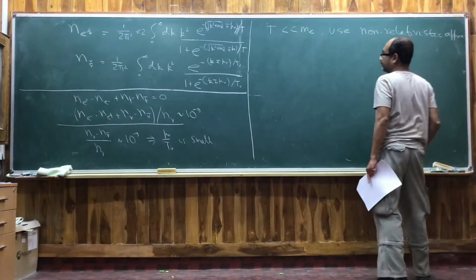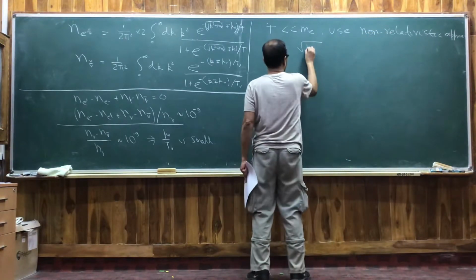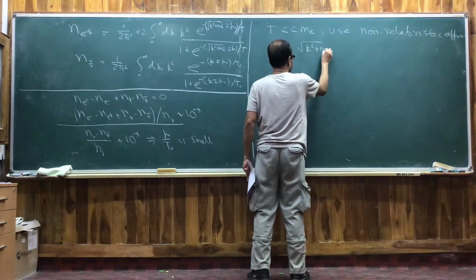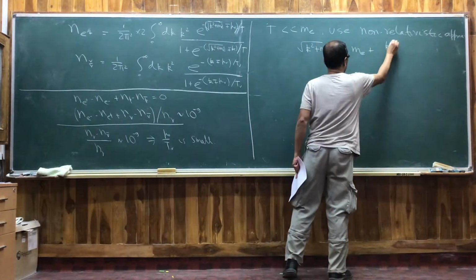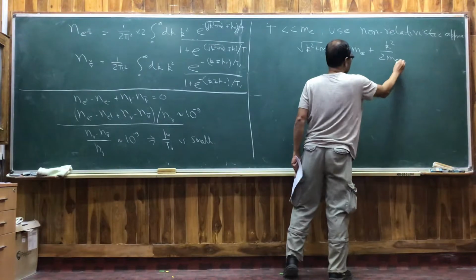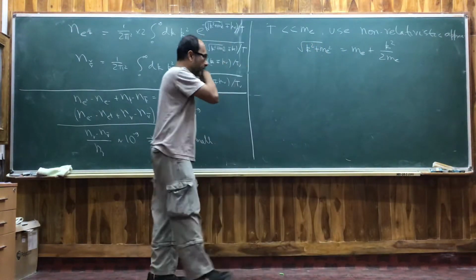Okay, what does non-relativistic approximation mean? Basically, we write square root of k squared plus m_e squared as m_e plus k squared over 2m_e. That's what we did for the protons.